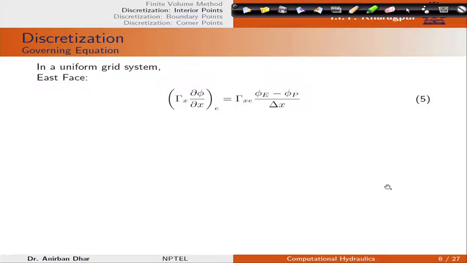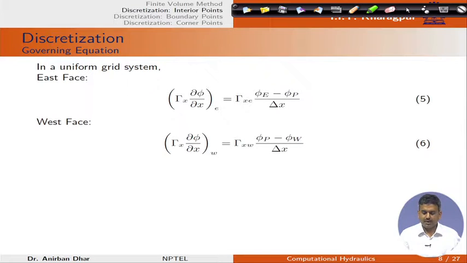In a uniform grid system, we can write this east face derivative as gamma x e, gamma evaluated at E face, phi E minus phi P divided by del x. West face, this is phi P minus phi W divided by del x.